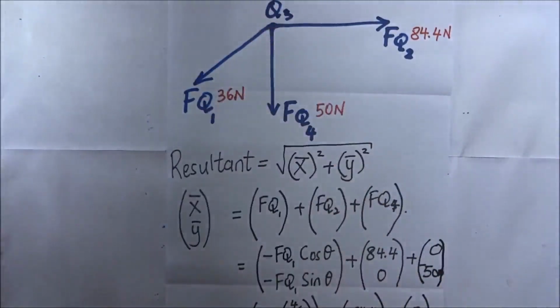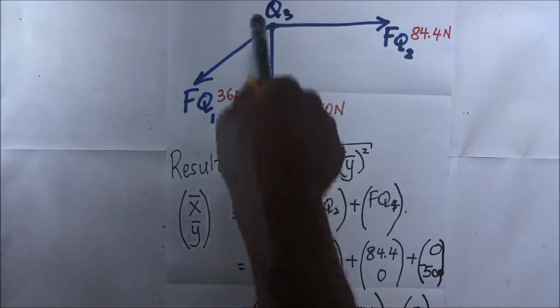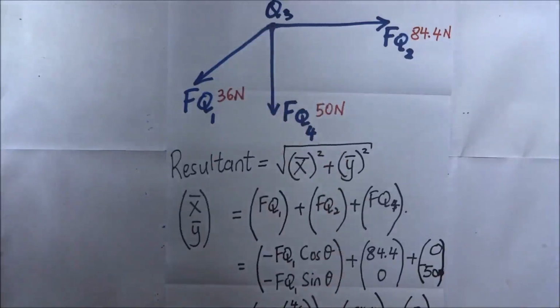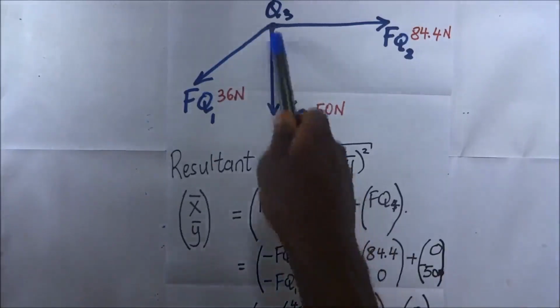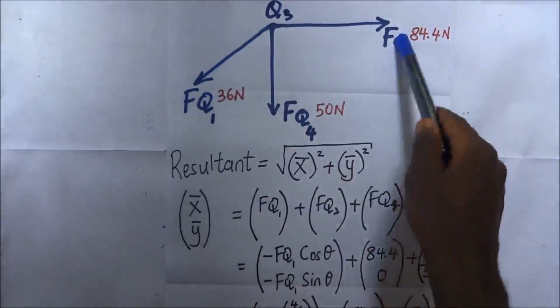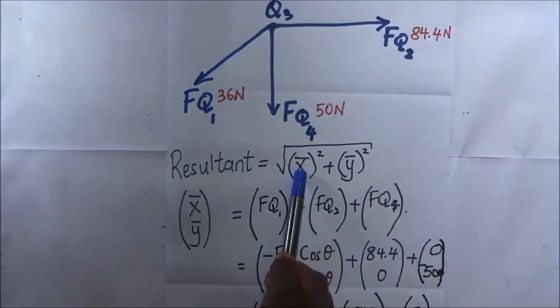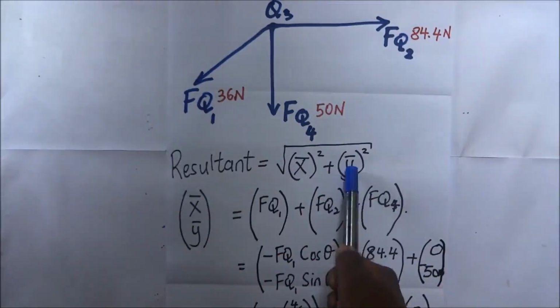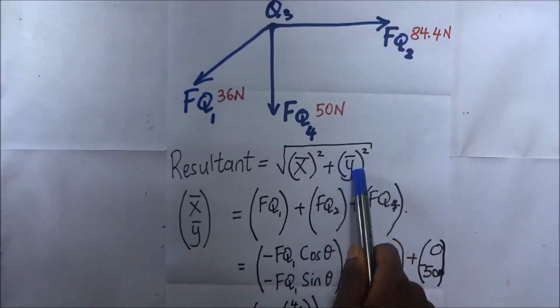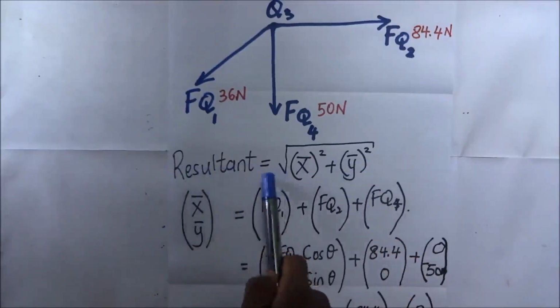Our task here is to find the resultant force acting on that point. Finding the resultant force means that we are going to resolve each of these forces both in the x and in the y. So we shall get the total resolution of forces in the x direction, the total resolution of forces in the y direction, and we get the resultant using this formula.